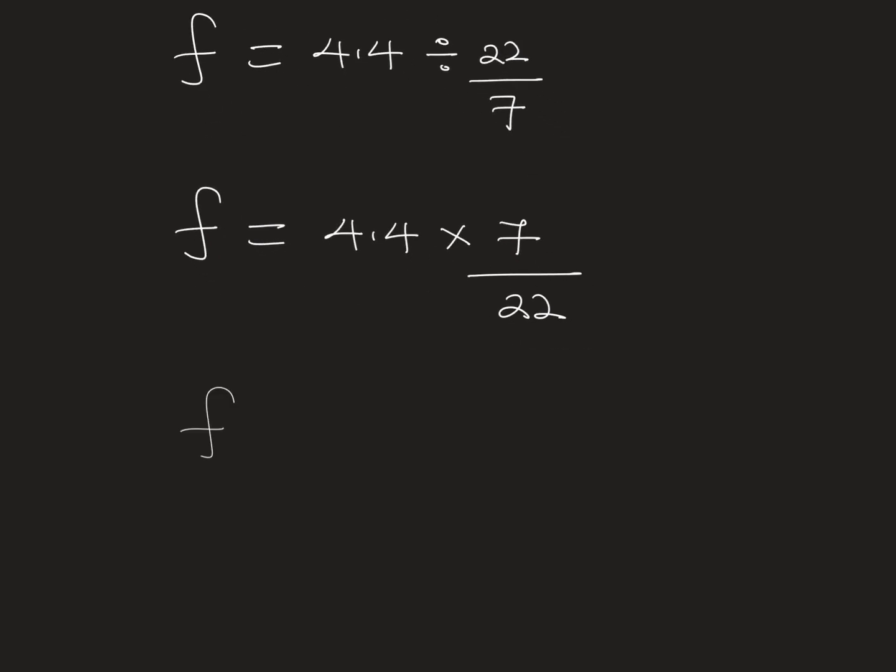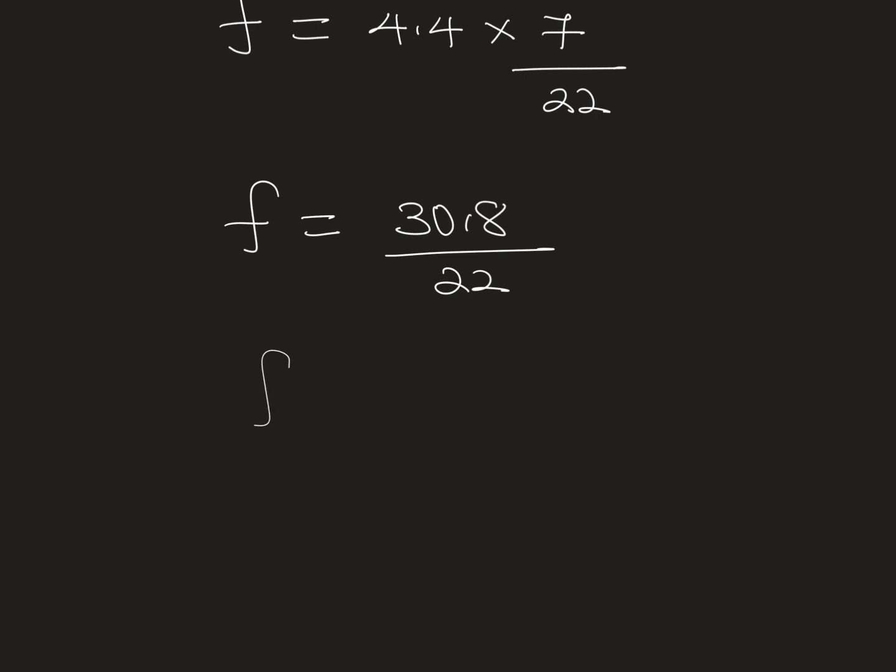So frequency will be equal to 4.4 times 7, which is 30.8, divided by 22. So therefore frequency is equal to 1.4 hertz. Okay, that is the frequency.